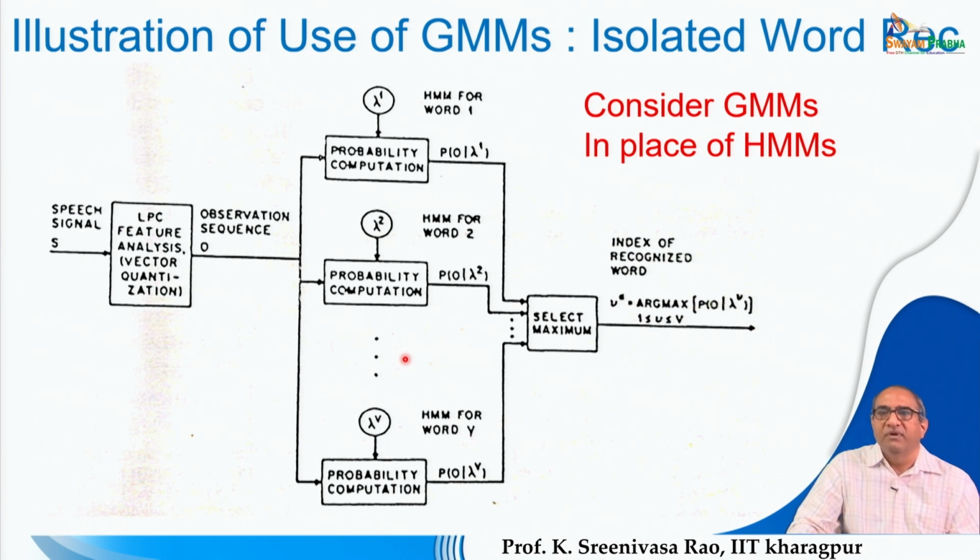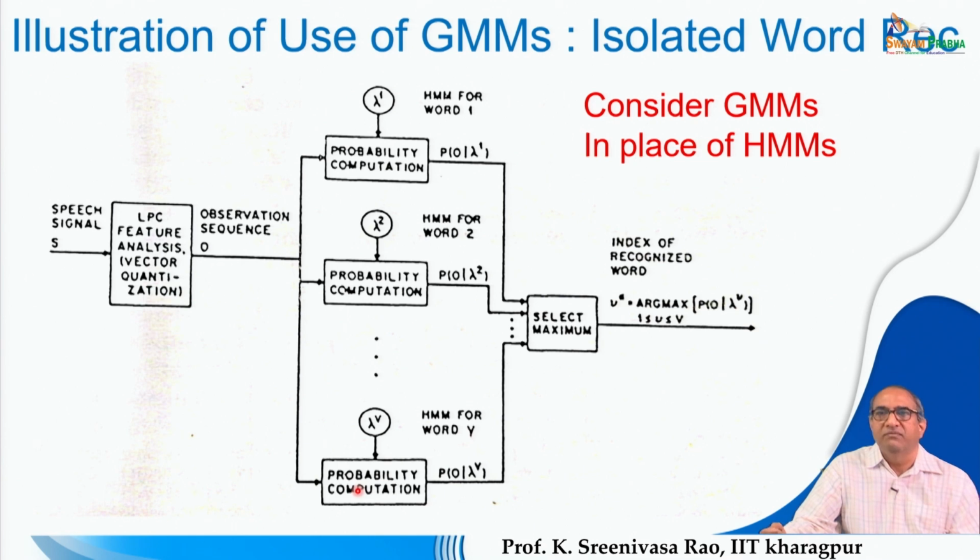For every word we can collect several samples or examples. Suppose we want to perform isolated word recognition for 10 words. From each word, you can collect samples from various people, different speakers, and we collect a sufficient number of samples for every word.